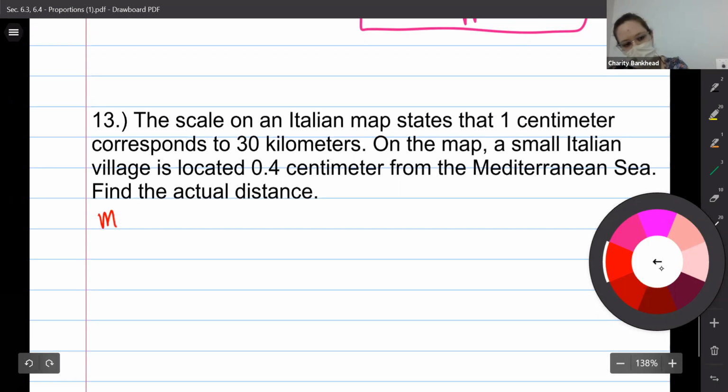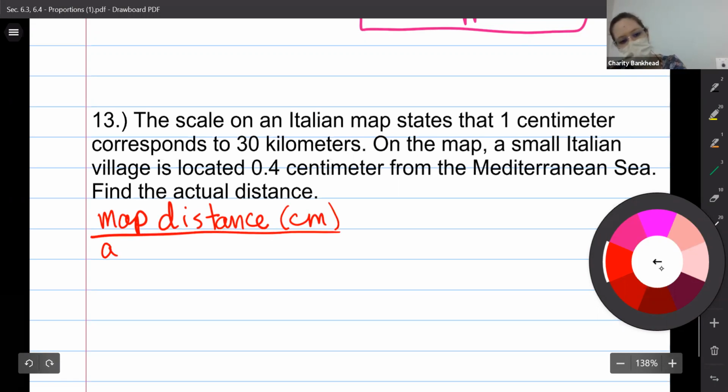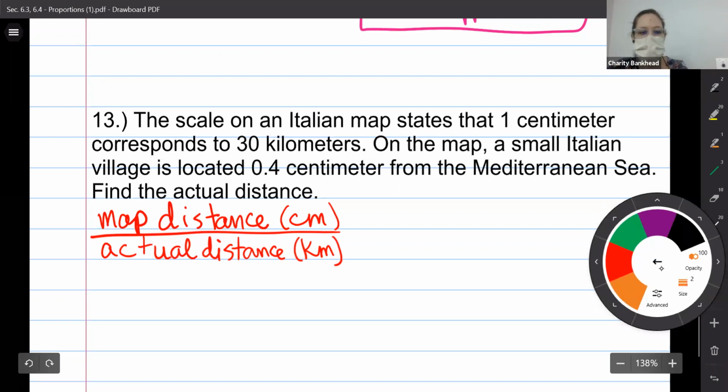Okay, so we are comparing map distance, and both of those are given in centimeters, over actual distance, which is given in kilometers. So 1 centimeter corresponds to 30 kilometers. So if it's 0.4 centimeters, then how many kilometers would that be in real life?